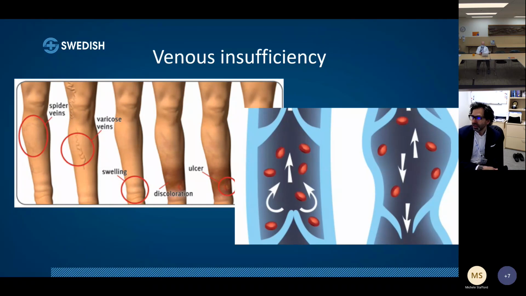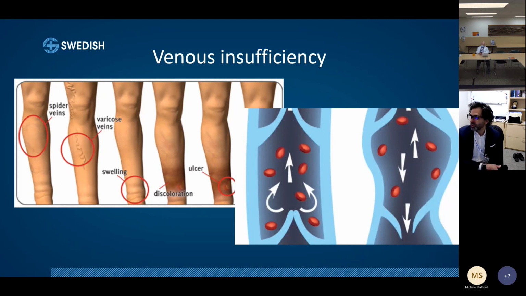But as a result of that process, and without a pump like the heart to push the blood back up, really the veins are relying upon the valves, which serve as one-way conduits to make sure the blood heads in the right direction. So when you have venous insufficiency, those valves are broken or incompetent and allow reflux, or blood traveling in the wrong direction.